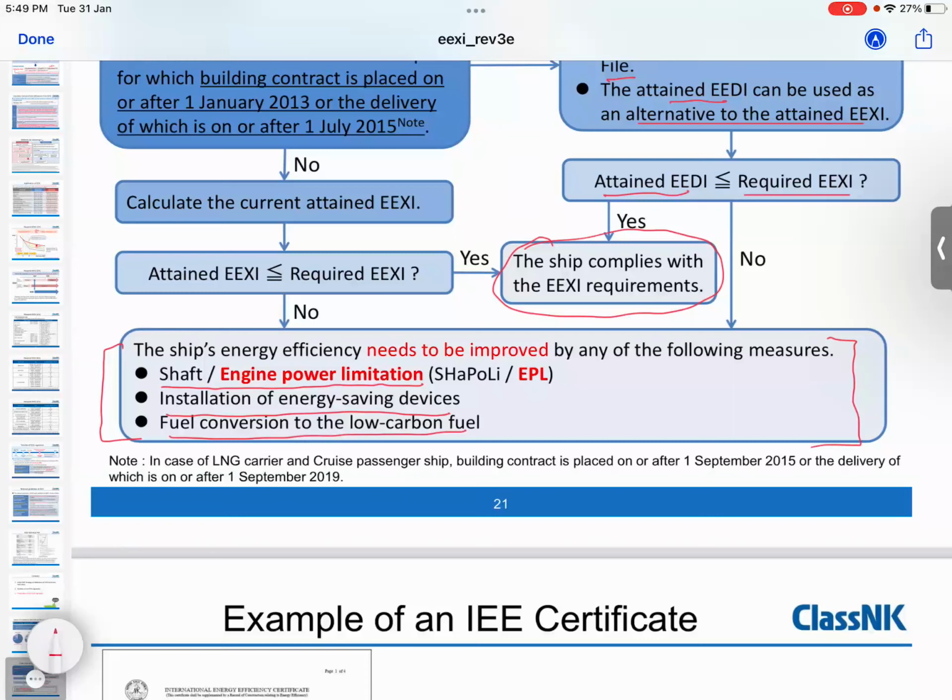Please write measures for EEXI. लिख लो इसको. Because then there are some other methods also, like optimizing the route, all that stuff, right? But EEXI के लिए ये तीन main हैं. Okay, shall we proceed?